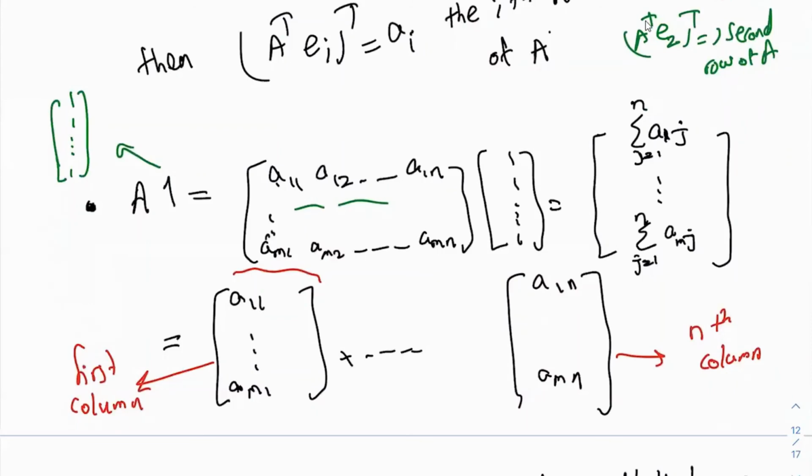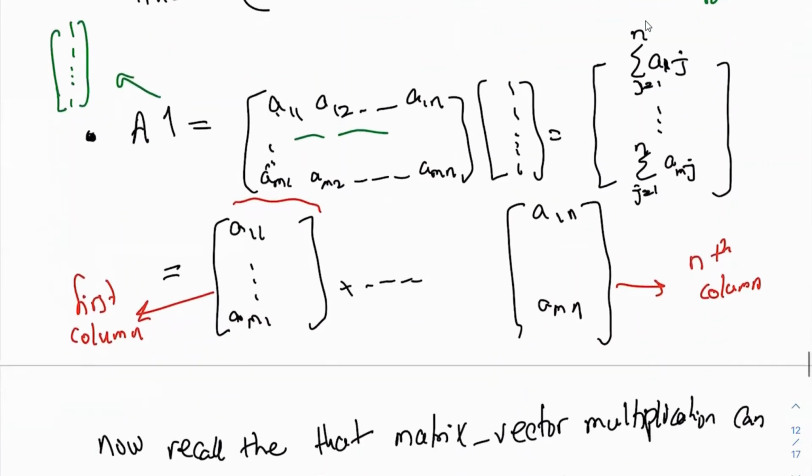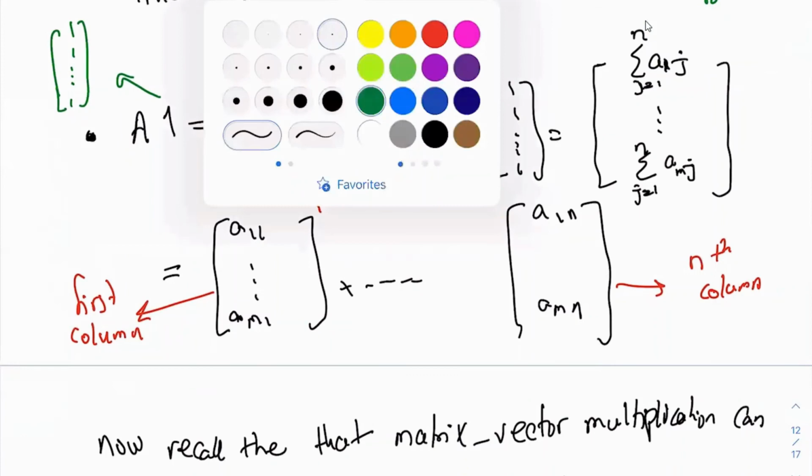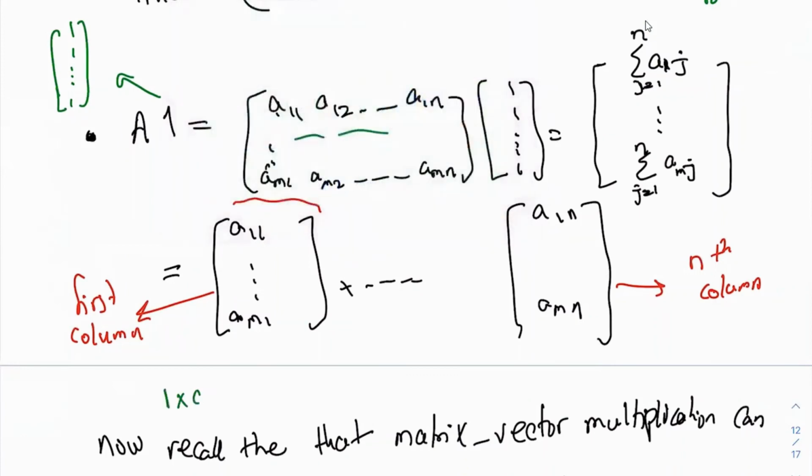There is another way to think of this problem, by looking at it as a linear combination of the columns of A. When you multiply a matrix by the one vector, what you are doing is 1 times a_1 plus 1 times a_2 all the way to 1 times a_n.